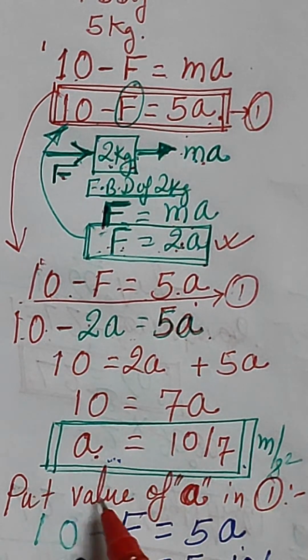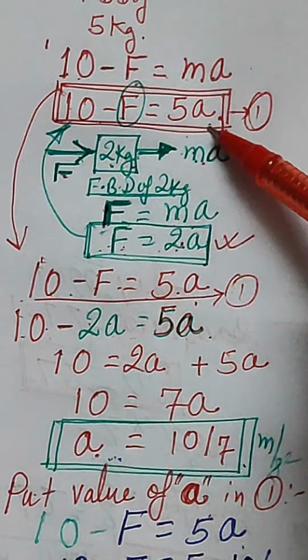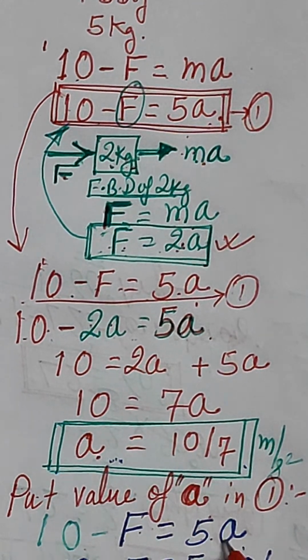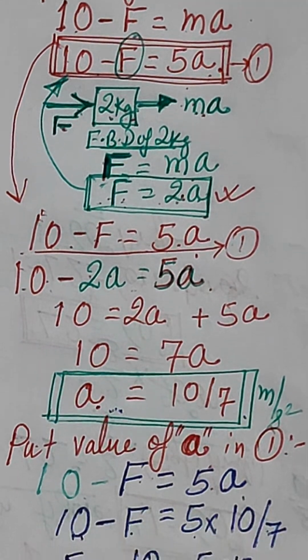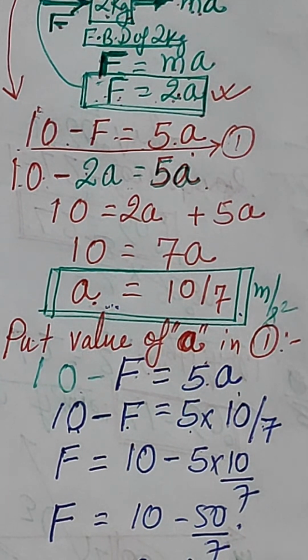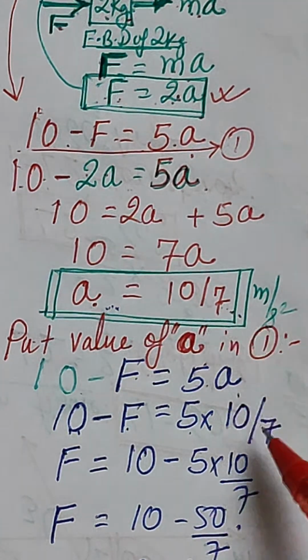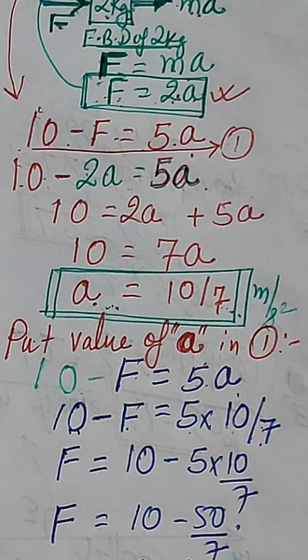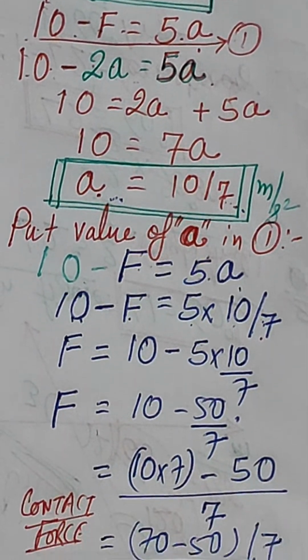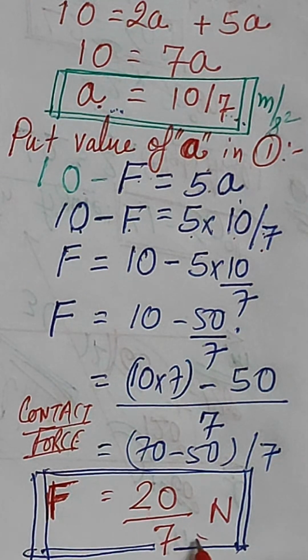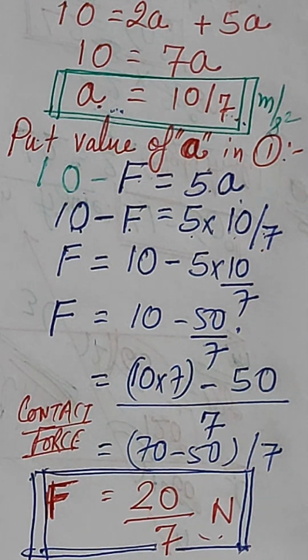Now put the value of a in equation number 1, that is 10 minus F equals 5a. So in place of a, what we put, tell me? Definitely this derived value, 10 by 7. So putting this value, we get the value of F as 20 by 7 Newton, which is the contact force between the two blocks, right?